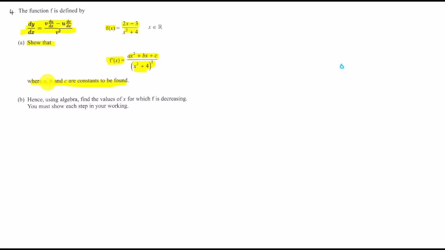You can get full marks on this. I believe it is worth 3 marks. So label your v and u. Remember your v comes first, so now do your du dx and your dv dx. Okay, now substitute this into your formula correctly.